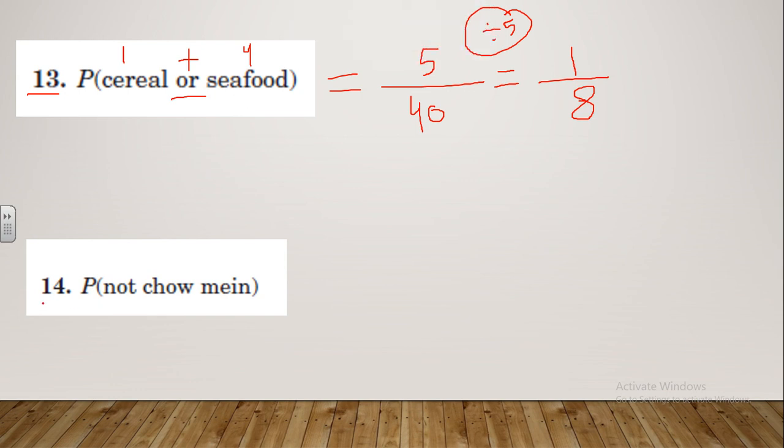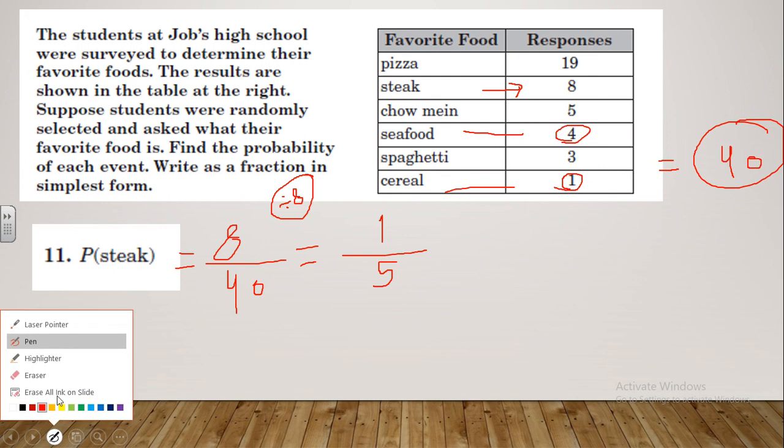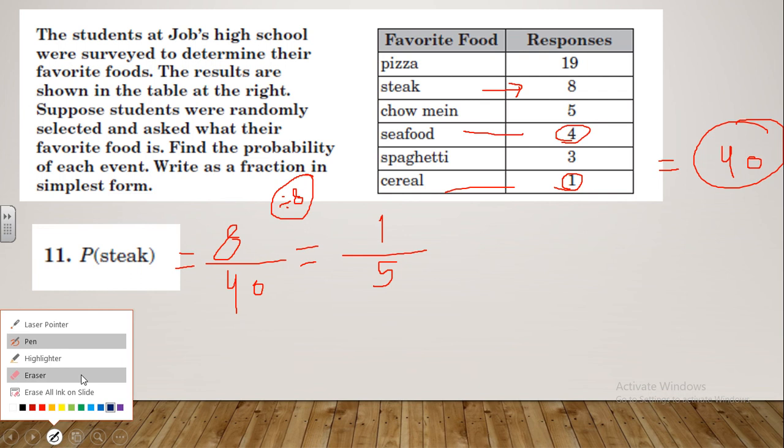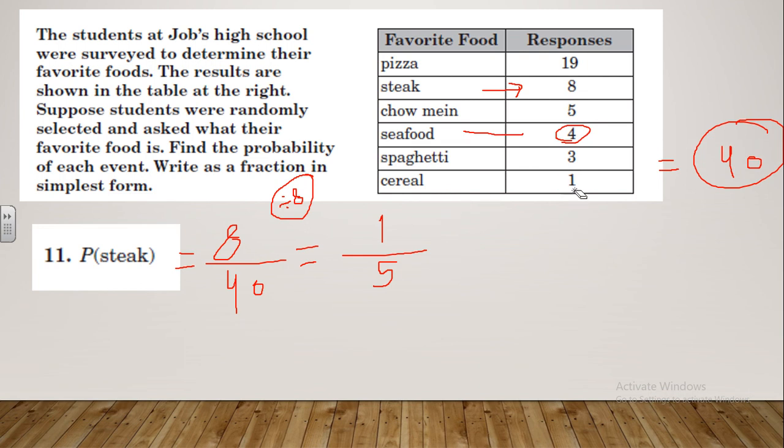Okay, here let's answer question number 14. He wants you to find the probability that it's not Xiaomi. So what are we going to do here? Look carefully at what I'm going to do. Let me erase everything we did here to let you focus.